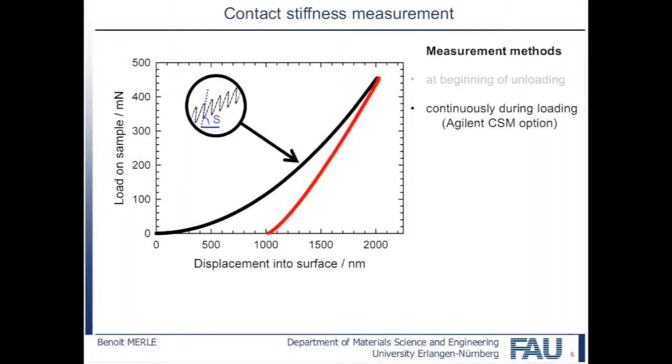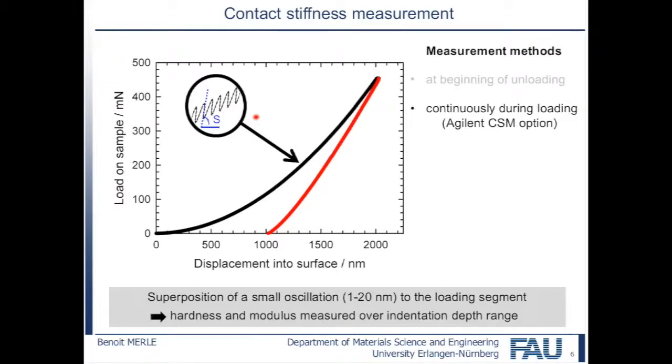CSM stands for continuous stiffness measurement and consists of superposing a very small and fast oscillation on the master loading curve. Thanks to this, it is possible to calculate the stiffness almost continuously and to get continuous values of the hardness and modulus over the indentation depth.